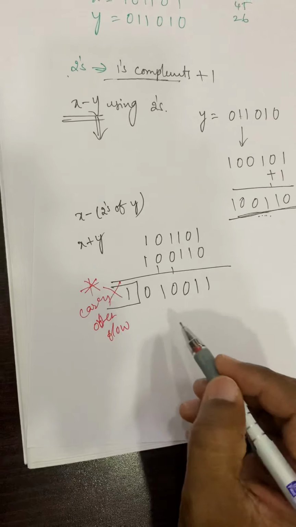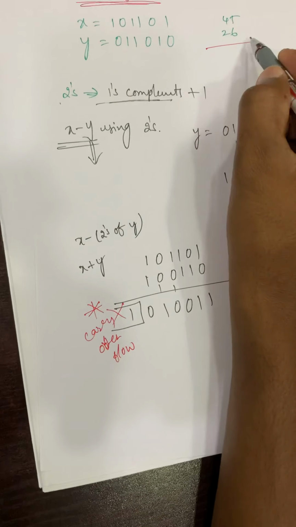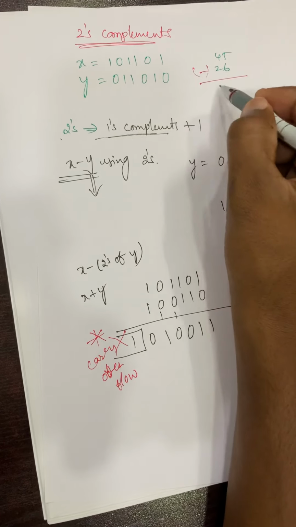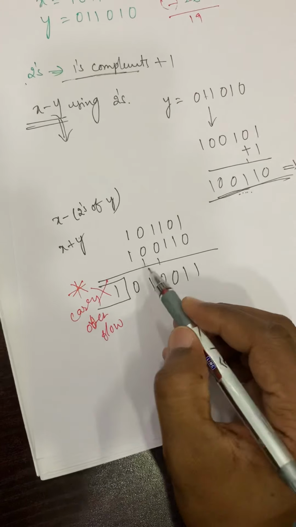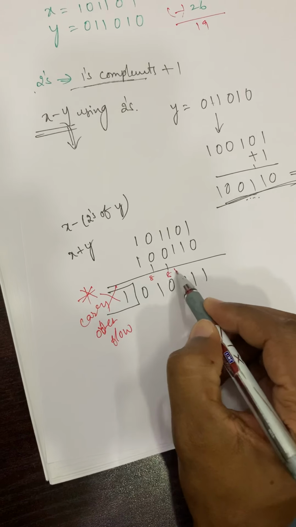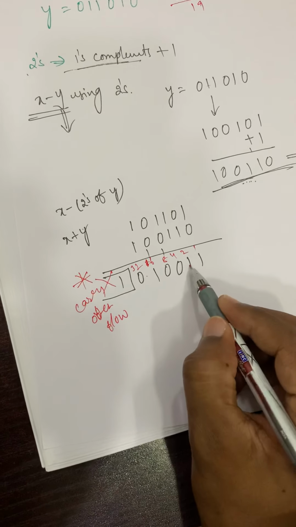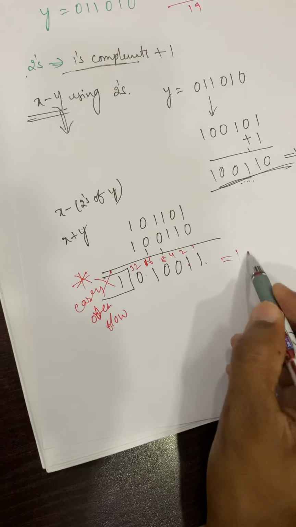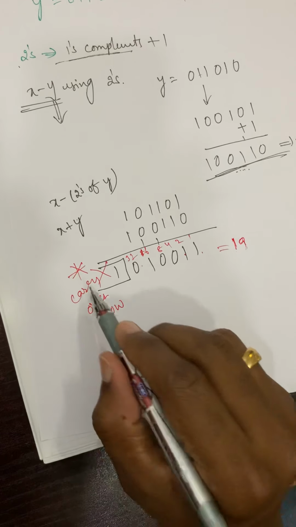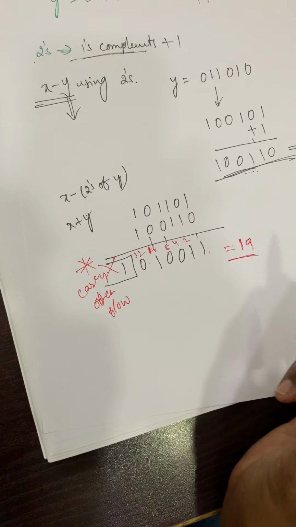Okay, so is it 19? Here 45 minus 26, 19 is the answer. Here 8 4 2 1 16 32: 16 plus 2 is 18, plus 1 is 19. Without adding the carry overflow, we get 19.